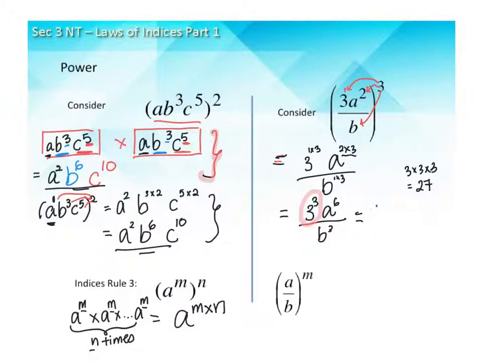So writing this value in the simplest form, you'll get 27 a to the power of 6 over b cubed. What does this mean? This means if I have a fraction to the power of n, every term inside the fraction will need to have the power n. It will be a to the power of n over b to the power of n.